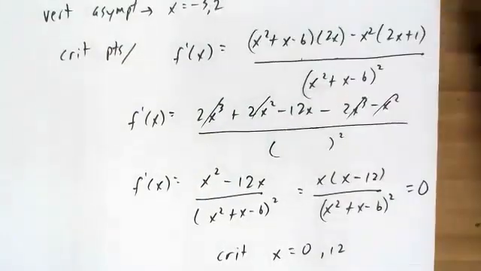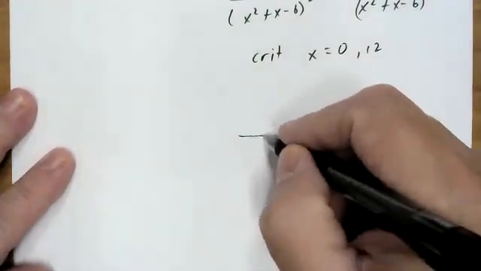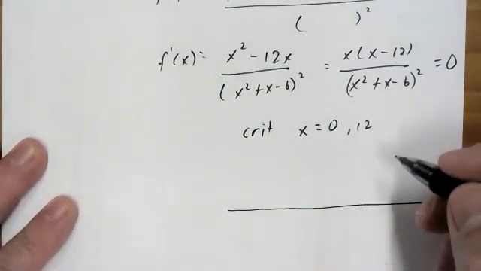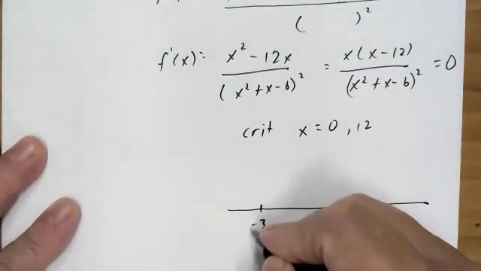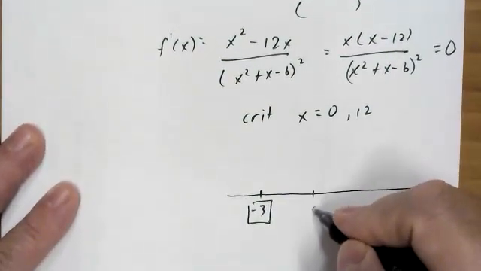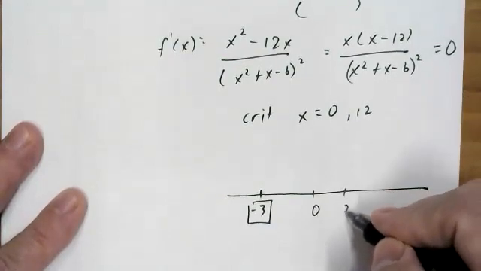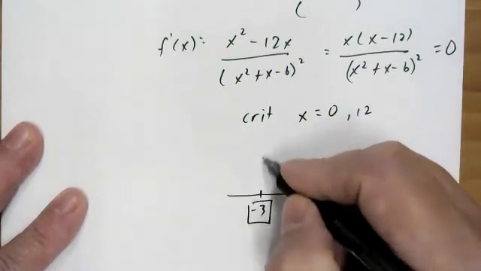And here are my asymptotes. So now I've got to mark all these points. I've got an asymptote at -3, a critical point at 0, an asymptote at 2, and then a critical point at 12.